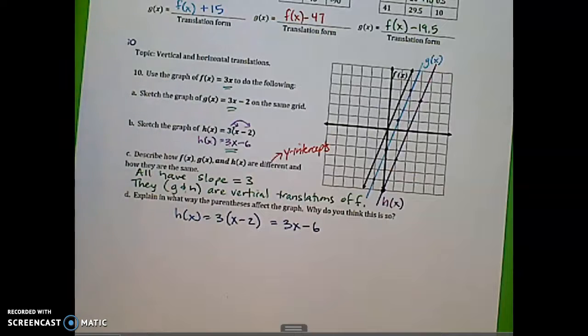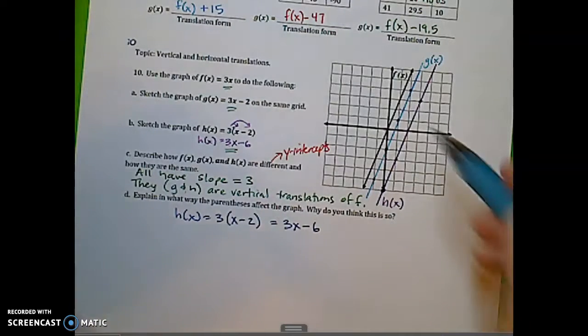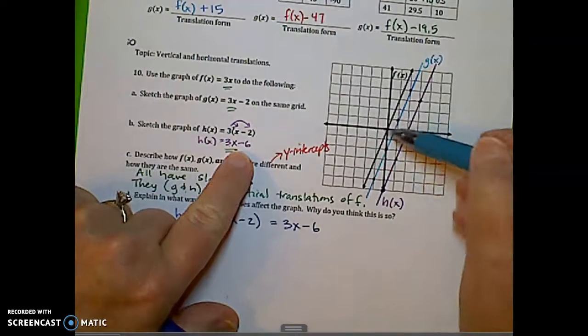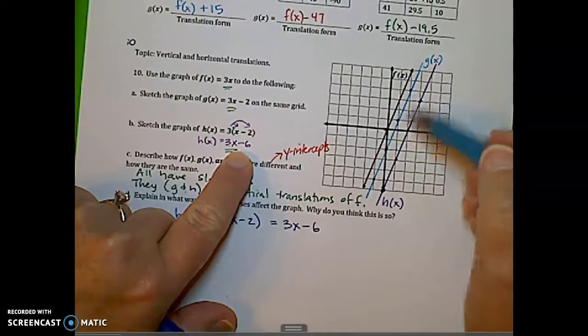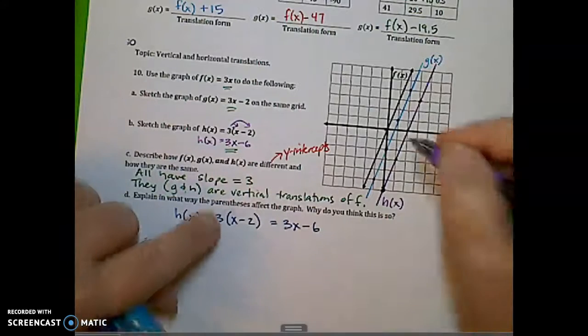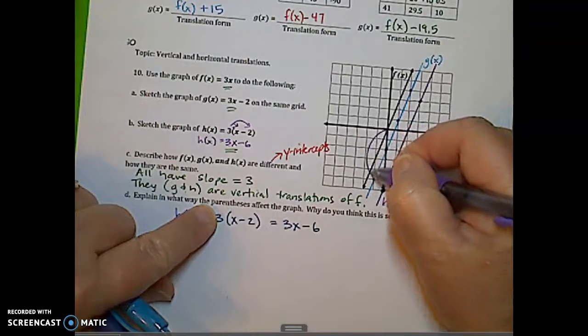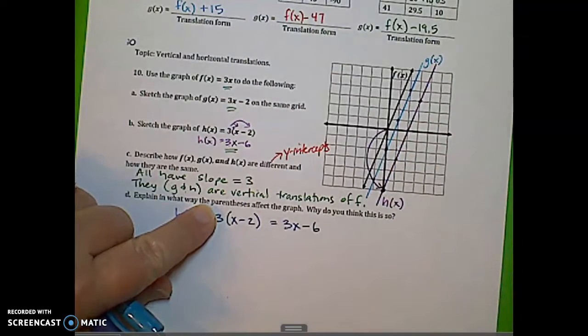But I want you to notice something. The vertical translation is minus 6 from f all the way down to h. So we don't need to worry about g in this case, but f all the way down to h is a vertical translation of minus 6.